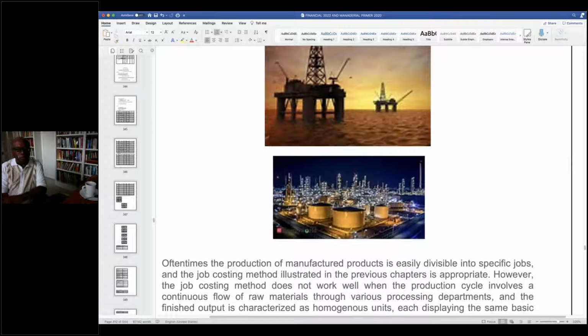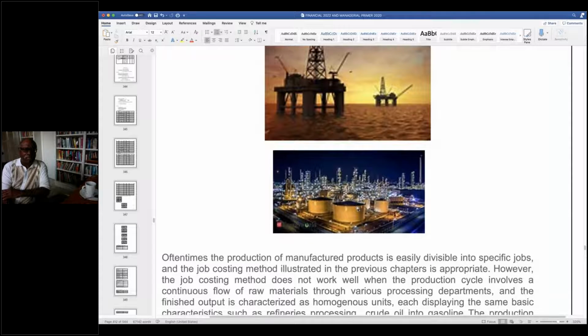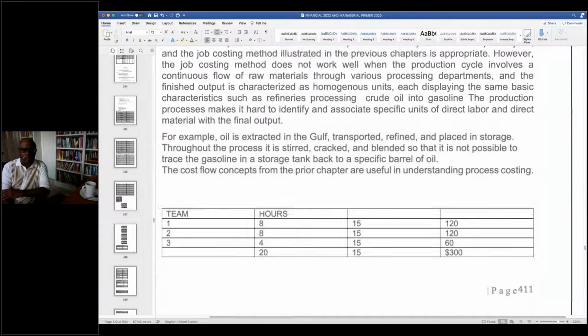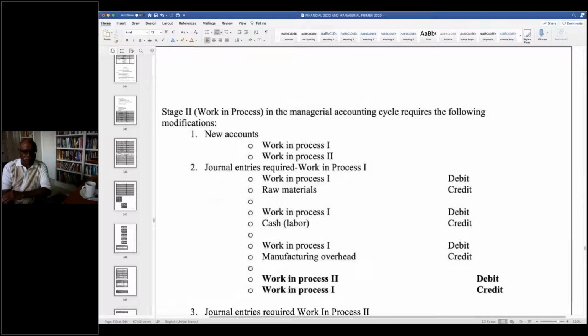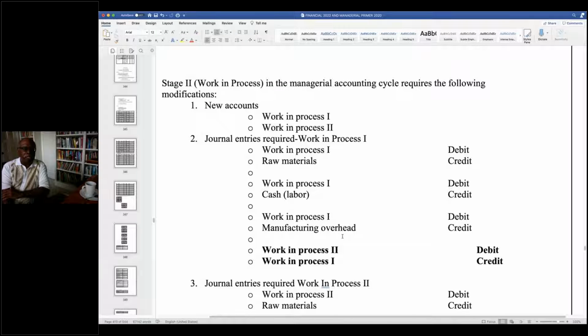And then we bring that product into Texas, Louisiana for refining, a separate set of costs. So it goes from crude to gasoline. So there are two sets of costs. So we've looked at one product, we've looked at two or more products, and now we're looking at one product, but more than one process.